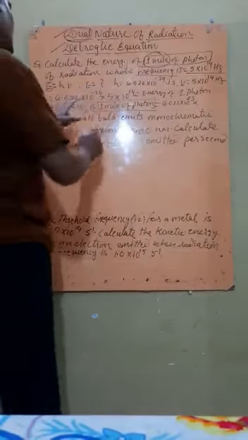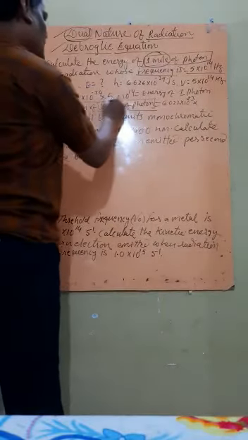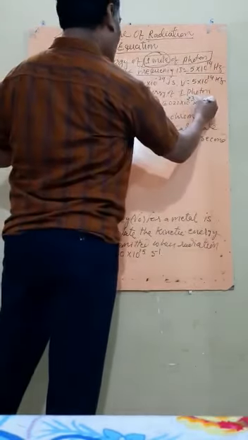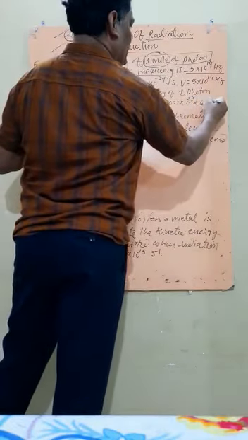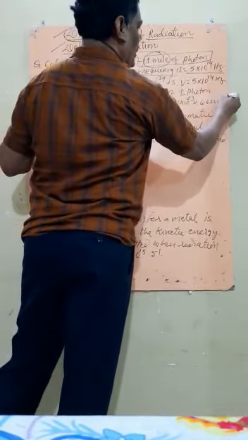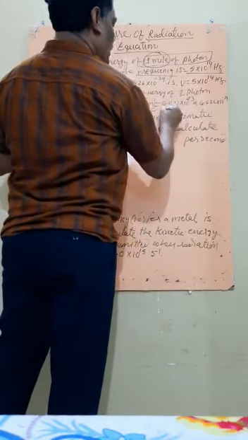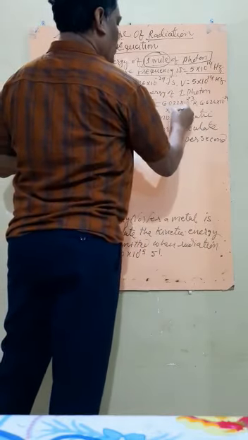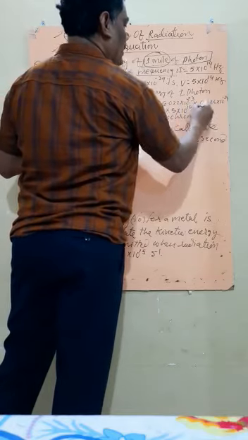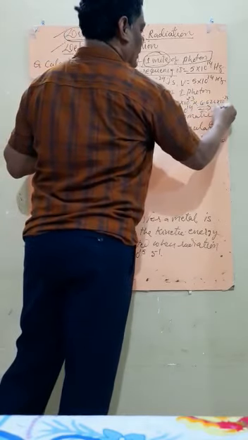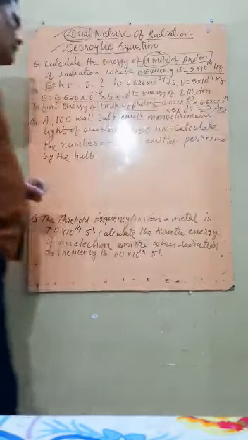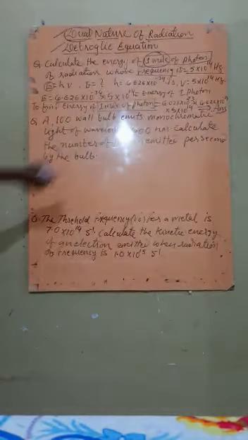What is the total energy? This is the energy of one photon, 6.626 into 10 to the power minus 34 multiplied by 5 into 10 to the power 14. You will get the answer. Okay, you will solve it. Getting? Simple question, simple solution.